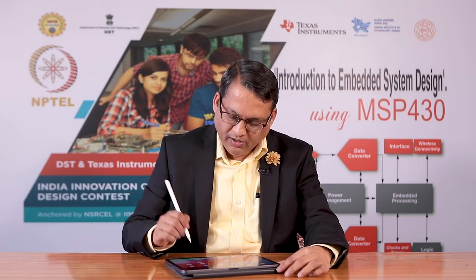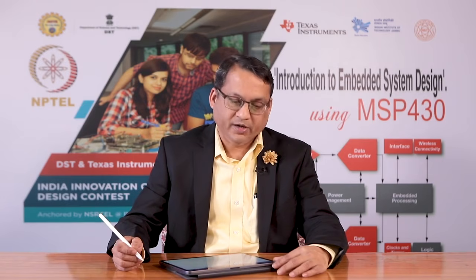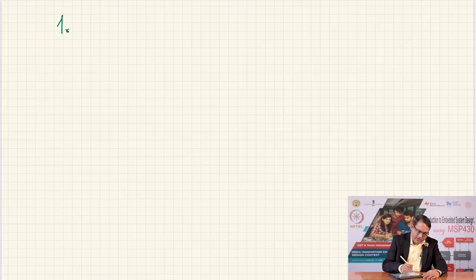If you recall, in the last lecture I mentioned that there are three methods of implementing the embedded computer. The first one is using a general purpose processor.